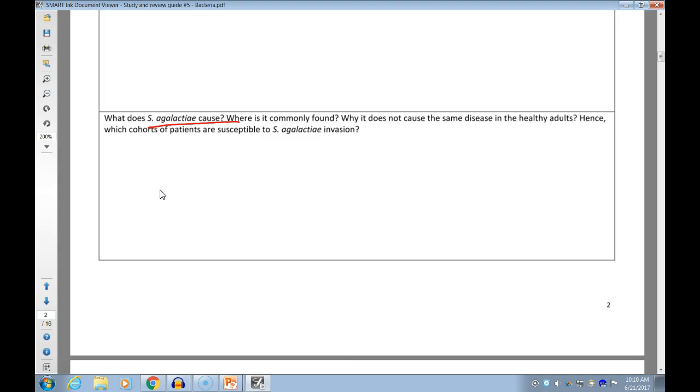Does that make sense? So understand that idea. When I ask which cohorts of patients are susceptible: immunocompromised, whether they're kids that are naturally immunocompromised or sick patients. Am I clear? Let me know if you have any questions, please. And of course, you can ask them tomorrow.